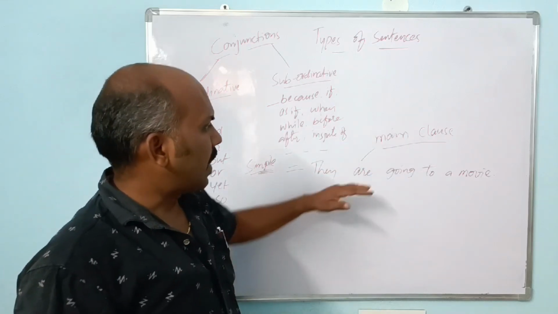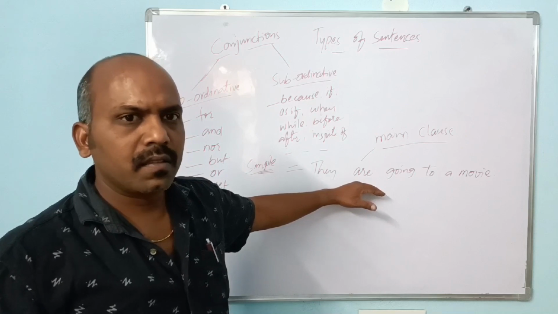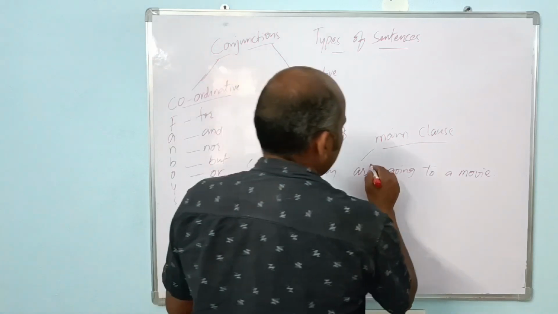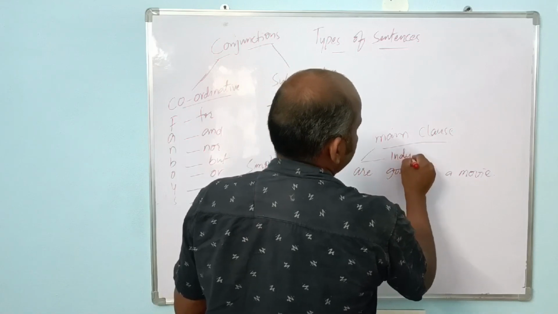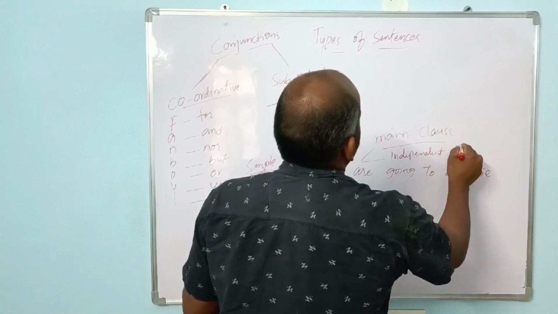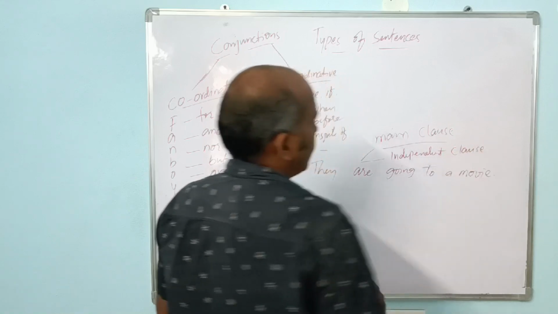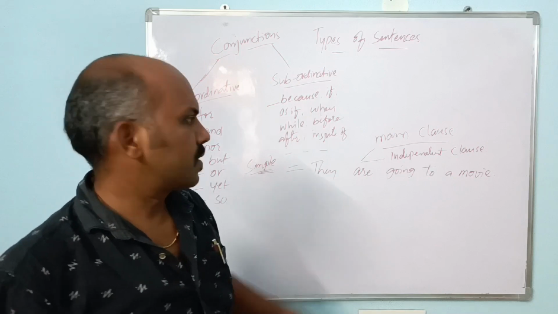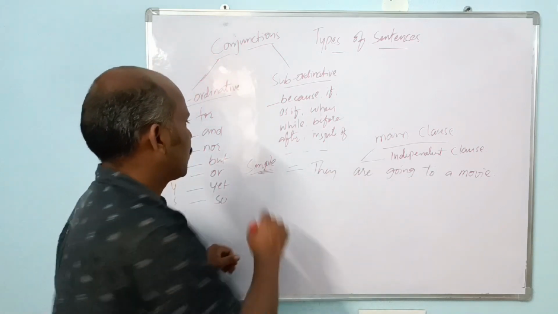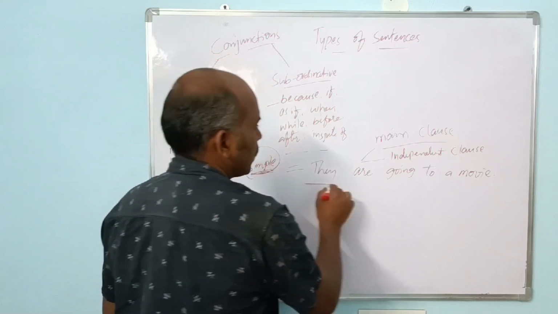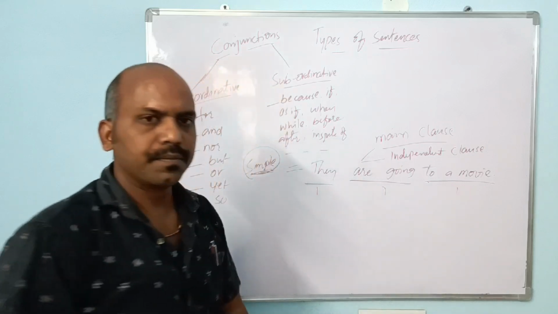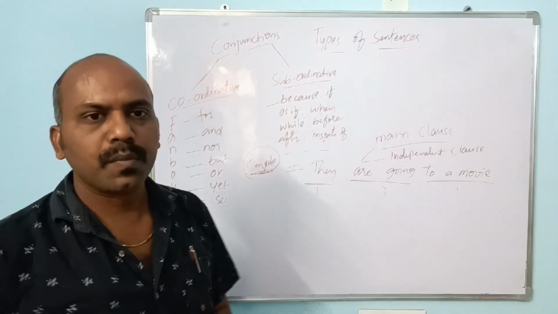As it gives full meaning itself, we also call it an independent class, and it must be only one. One subject, one verb and one object, all single. That's a simple sentence.